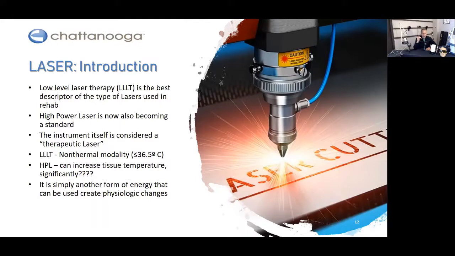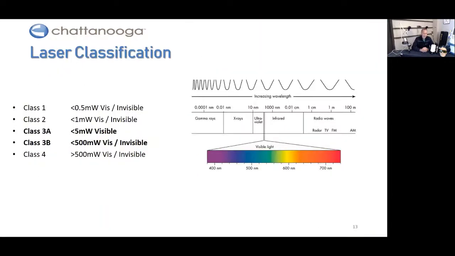Low level laser, right? This is still a non-thermal modality. It doesn't increase tissue temperature to any great extent in large surface areas, which is why, even though it generates heat, I still have to move it around. And so we don't really think of it as a thermal modality because it's minimal, but it's enough to have certain chemical properties that may enhance the outcome of a particular application and therapeutic benefit.